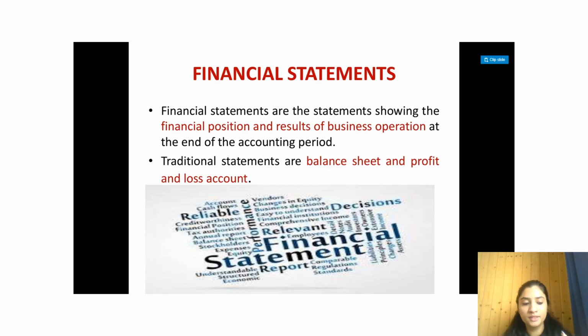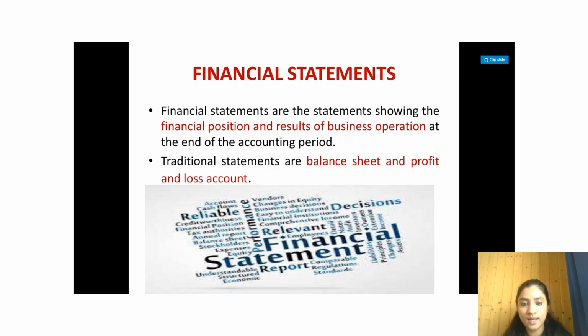The balance sheet will provide us information about what the position of the company is on 1st of October, and what the position is on 31st of October: how much assets do we have, how much liabilities do we have, how much equity do we have.